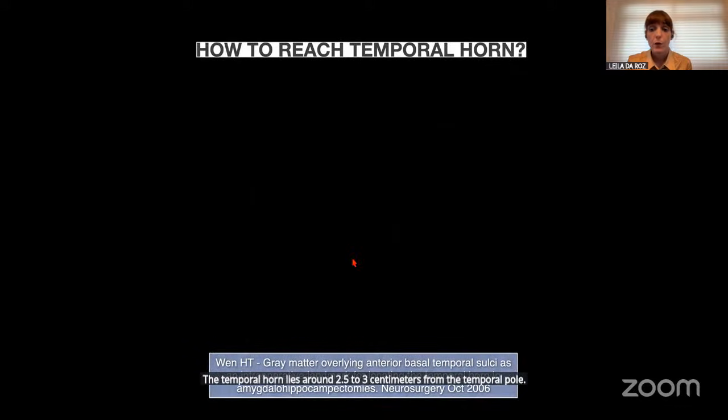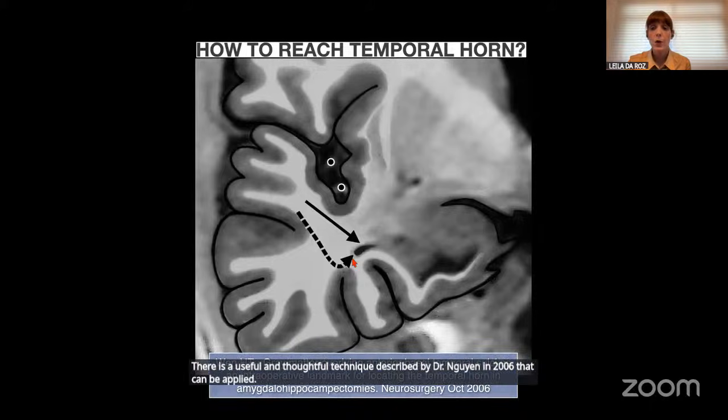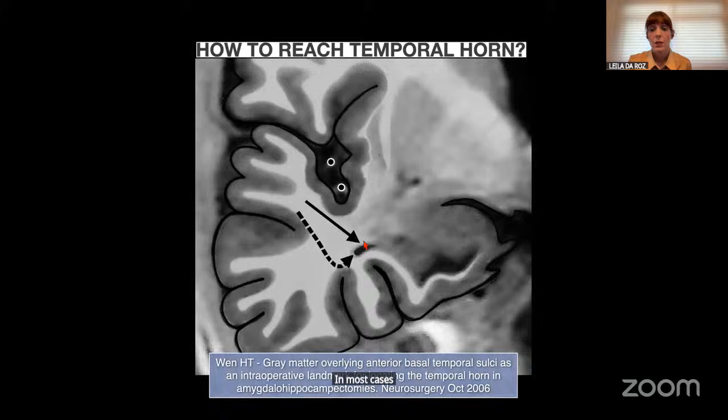There is a useful and thoughtful technique described by Dr. Wen in 2006 that can be applied. In most cases, the entry to the temporal horn is really straightforward. However, it may occasionally be difficult to locate when we have a tumor or anatomy distortion.